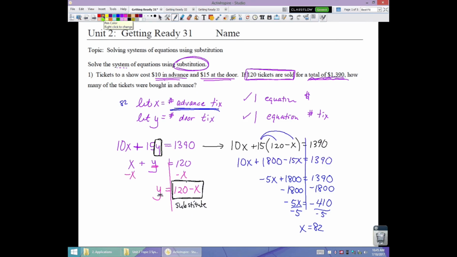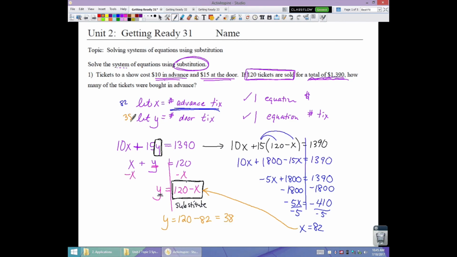However, just to be certain that it all makes sense and that this works out with the other amount of tickets also, to solve for y, I substitute that x back in the box. So my y value would be 120 minus 82. So 120 minus 82 is 38.